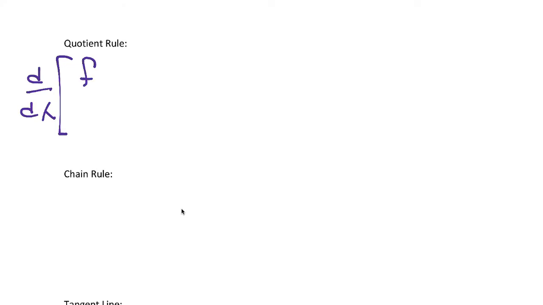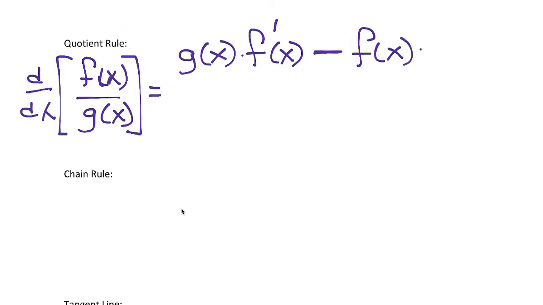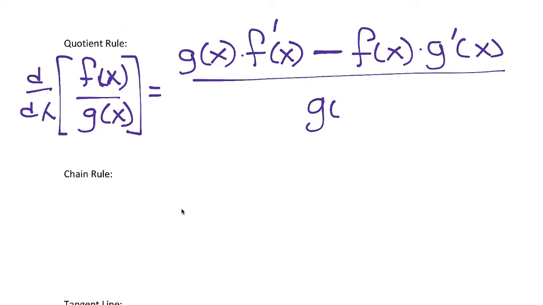As far as the quotient rule, when you're asked to do the derivative of the division of two functions, f of x divided by g of x, that is the bottom function times the derivative of the top, minus the top function times the derivative of the bottom, all over the bottom function squared.